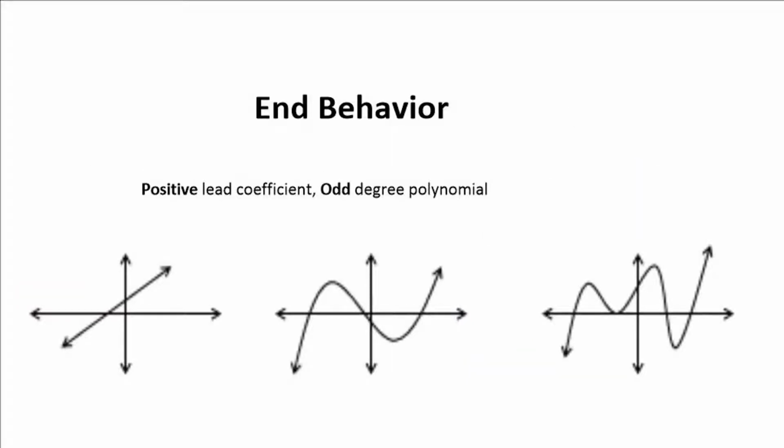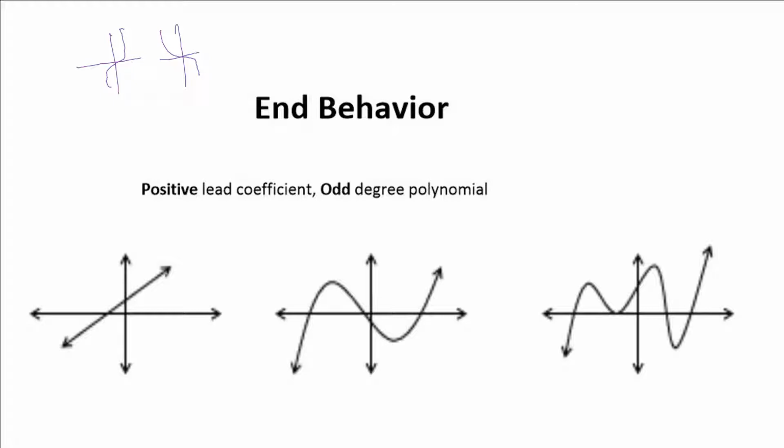Sometimes it's useful to predict the overall behavior of a graph, and we can do so by noticing the overall patterns of the graphs based on the degree. Functions with an odd degree have symmetry with respect to the origin. So they're going to do something like that, or like this, if it has an odd degree.